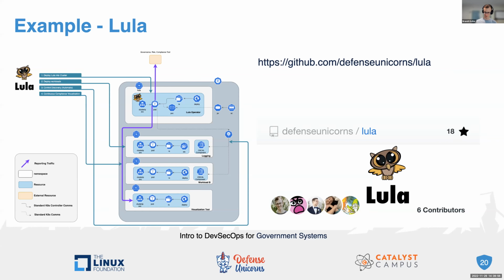And so we've got Lula, a Defense Unicorns open source project, for taking a look at this and abstracting how do we get meaningful data on compliance from Kubernetes at the moment back to the hands of those who are building out the system, those platform engineers, the operators, the SREs of the environment, and ultimately get all that meaningful data all the way back to those who are in a seat to say, yes, this environment is approved to operate.